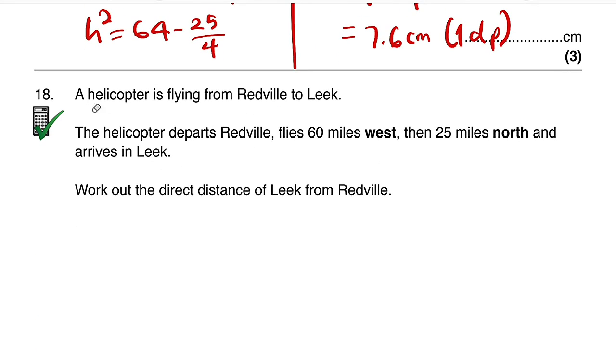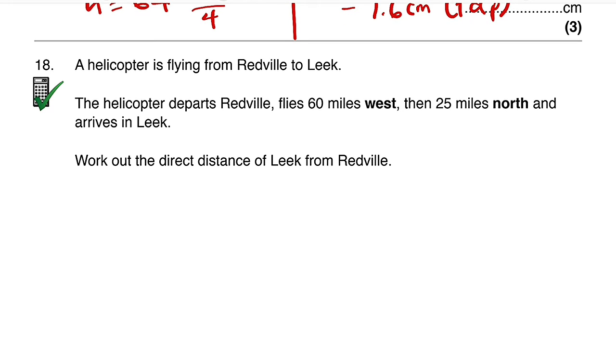Question number 18. A helicopter is flying from Redville to Lake. The helicopter departs Redville, flies 80 miles west, then 25 miles north, and arrives at Lake. Work out the direct distance of Lake from Redville. Okay, let's start.